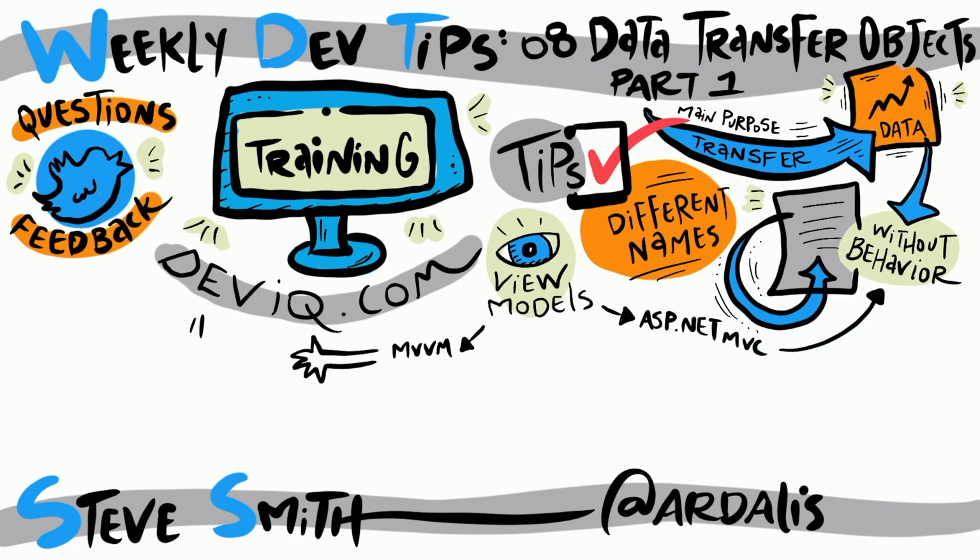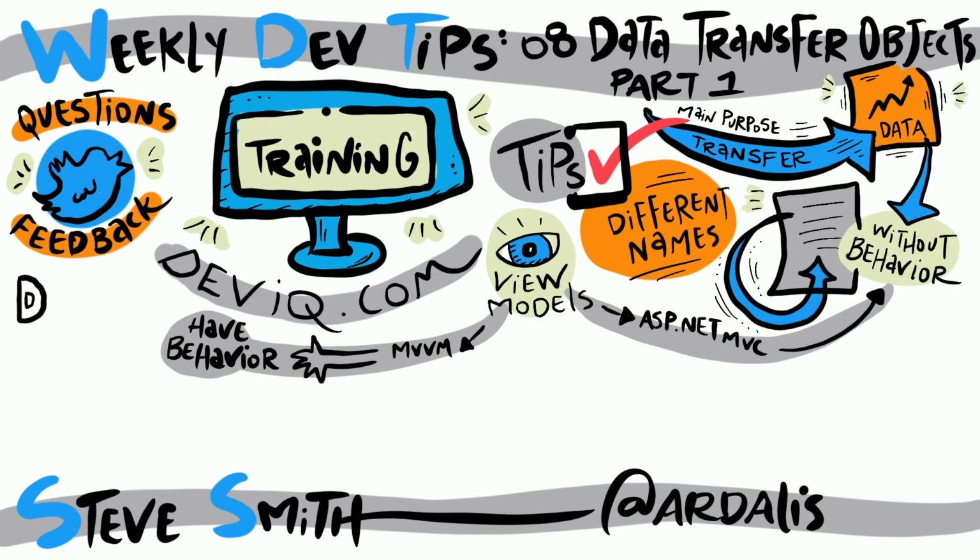If, on the other hand, you're following the MVVM pattern to build apps using WPF or something similar, then your view model in that scenario is supposed to have behavior and not to be a DTO. Hopefully, we'll come up with a better name for view models in MVC apps, since right now it can be confusing. But obvious choices like view data are already overloaded, since this exists in the ASP.NET framework as a separate type of object.